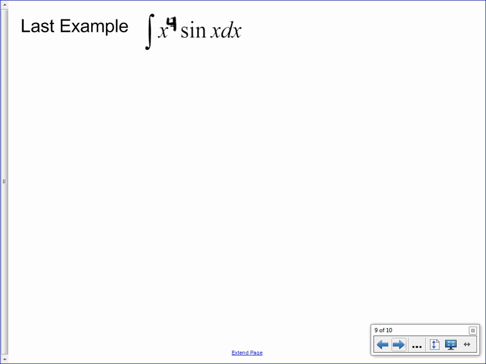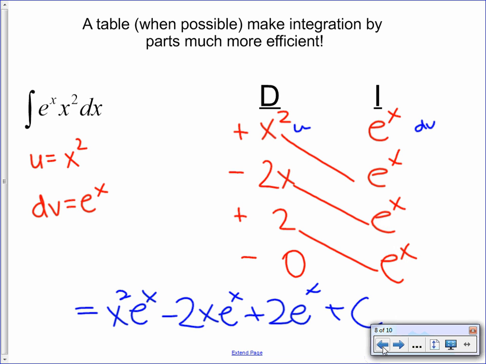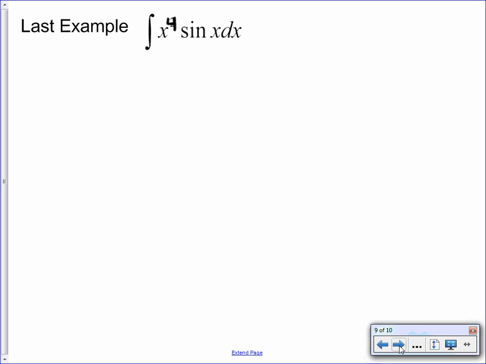When we have x to a power, because we need this to go down to 0, and the only way we're going to get that done is if we have x to a whole number. You were so close.